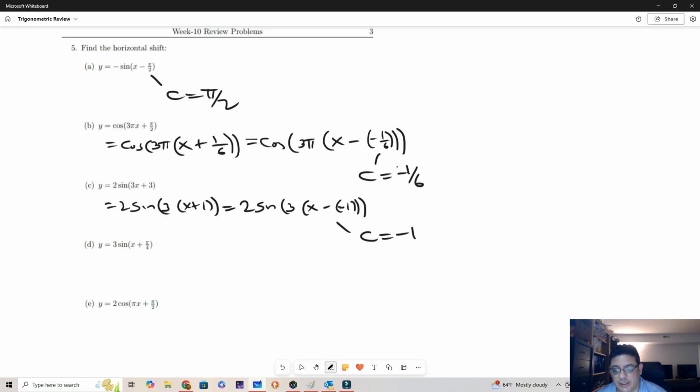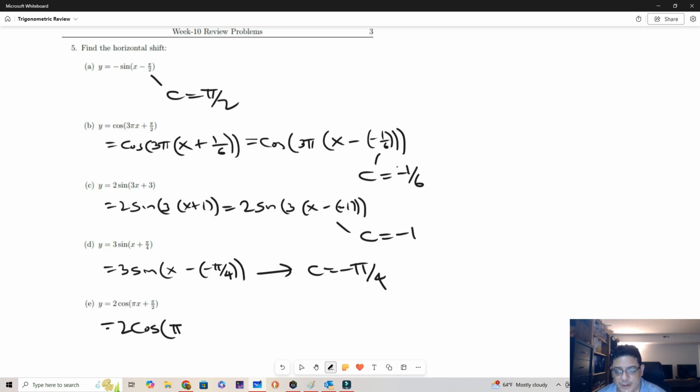D, we have 3 sine of x plus pi over 4. So we can see this as 3 sine of x minus pi over 4. And so that implies that the shift is actually minus pi over 4, or we're shifting pi over 4 units to the left. In E, we do a similar thing. We factor pi as well.